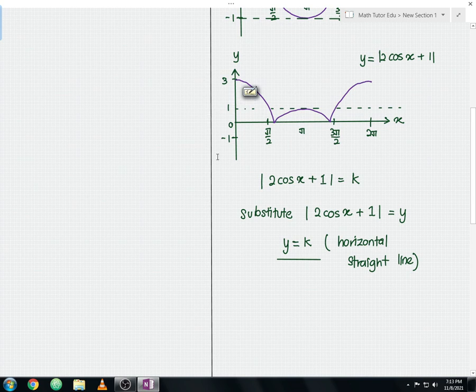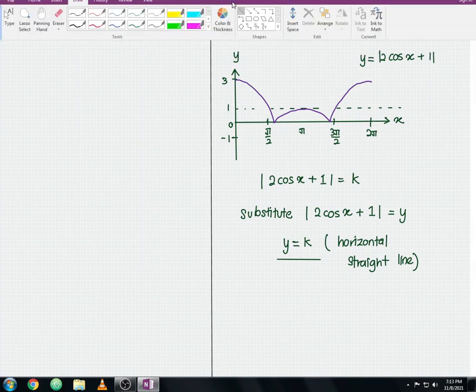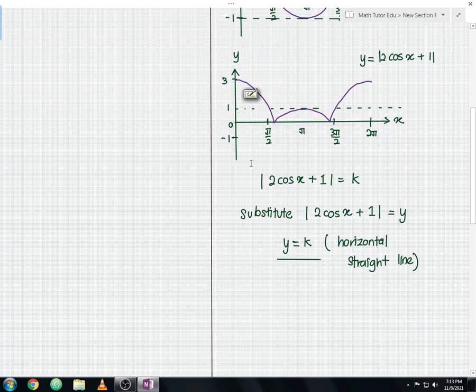Let us try the next straight line, which is y equals 1, already shown here as the dotted line. However, if you observe carefully, you only have 3 intersections. One is over here, the second is exactly at the middle point, and then this is the third intersection.